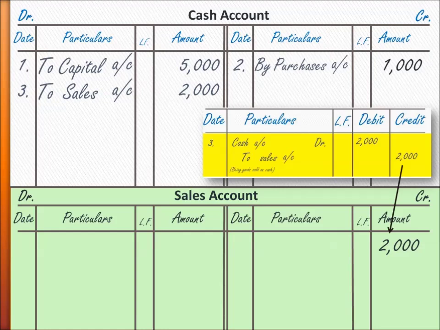And what will be the narration? 'By', because we always start the narration with 'by'. So by cash account, because when sales account was credited, the opposite account, meaning the debit account, was cash. So by cash account rupees 2,000. It means we have done the ledger posting on the basis of journal entries.